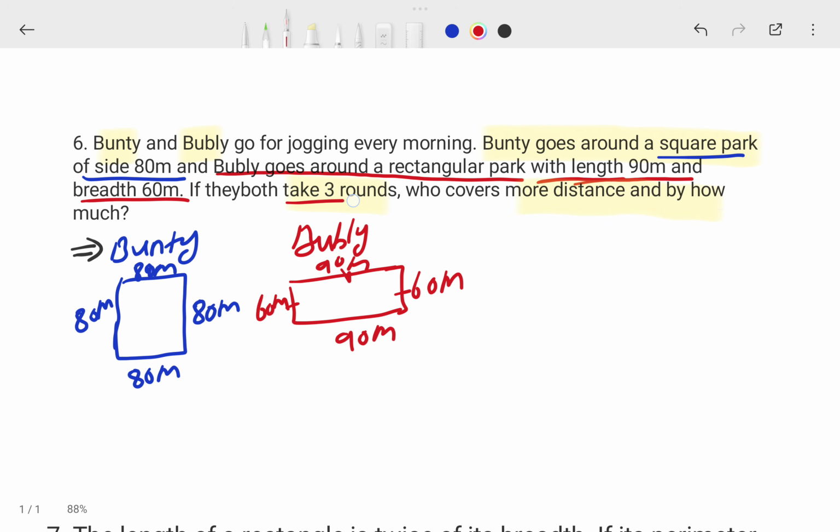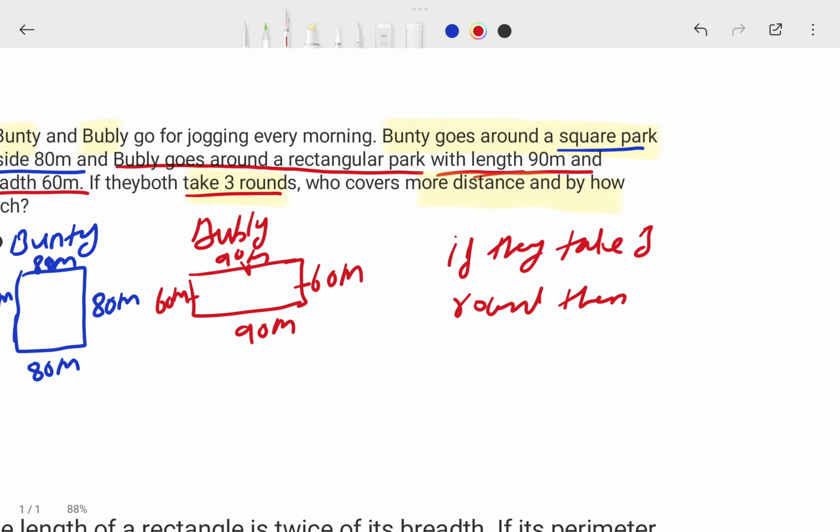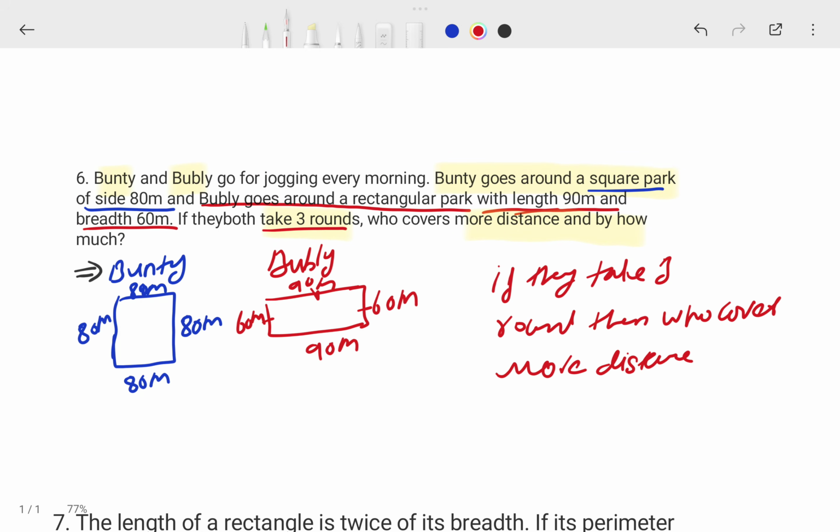Let's suppose if they take 3 rounds, then who covers more distance, and how much?